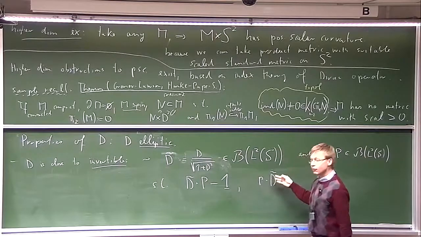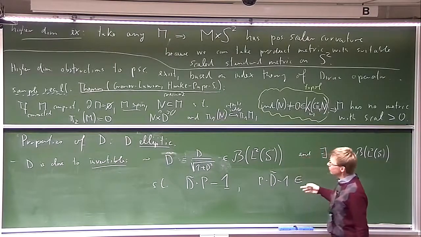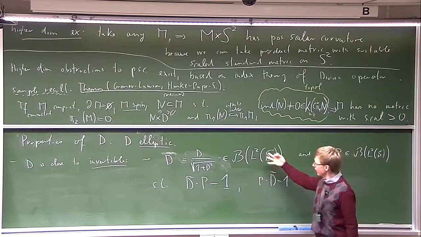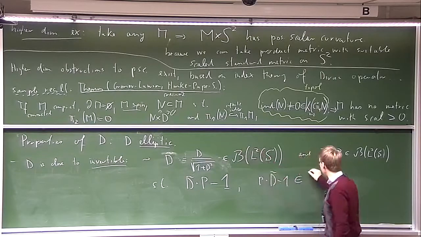So these differences would be equal to 0. Now that is not going to be true, but it's going to be small in the sense that it's lying in a very special ideal inside this algebra of all bounded operators. It's lying in the ideal of compact operators.